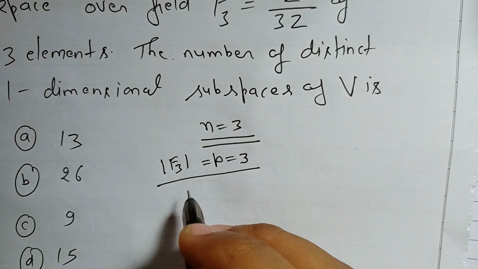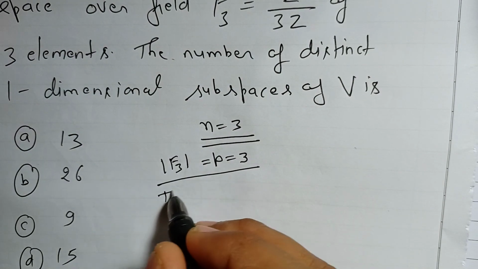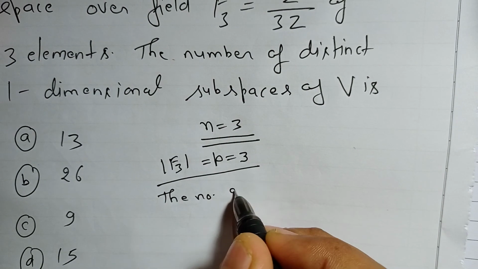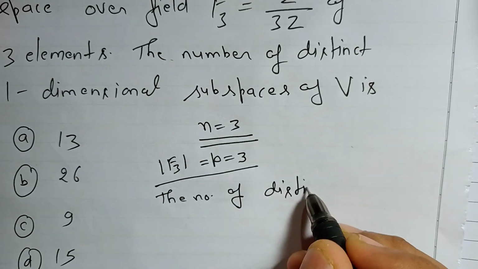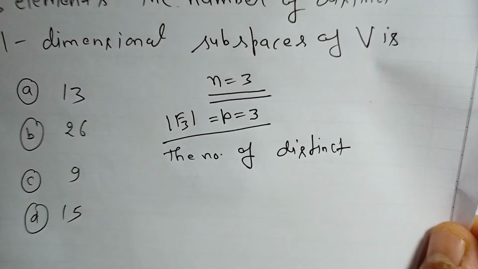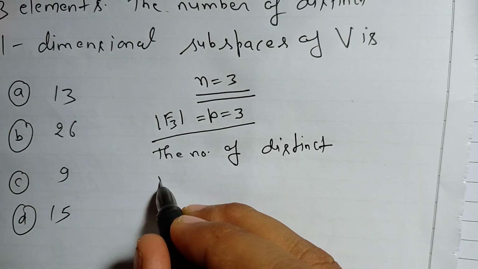So we need the number of distinct k-dimensional subspaces.